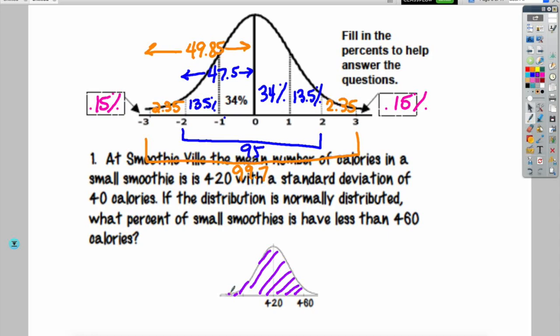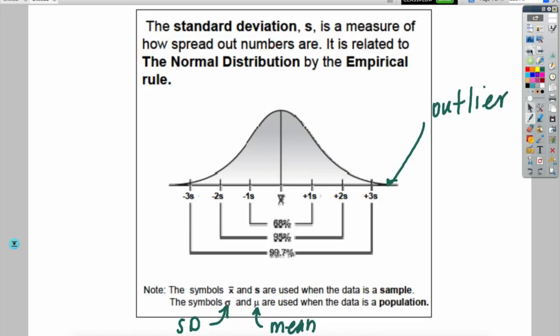You determine what this is by figuring out, okay, 460. Is that 1 standard deviation away from the mean, 2 standard deviations, or 3 standard deviations? If the standard deviation is 40 calories, and you recall from this chart right here, to get this value, you would just add 1 standard deviation to your mean.